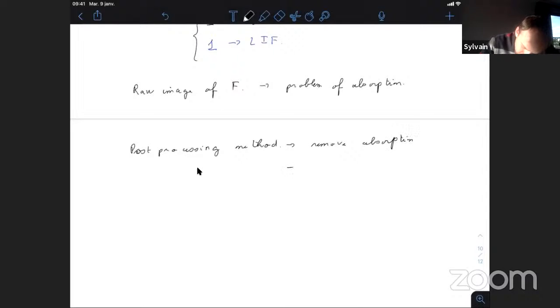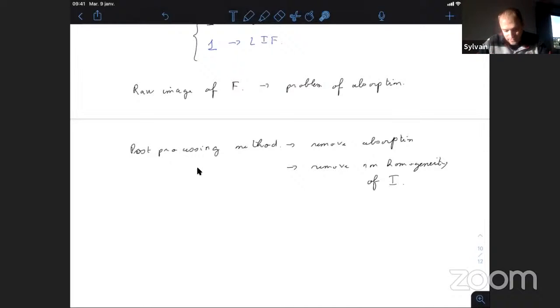It's also necessary to remove the non-homogeneity of I. I means the intensity that is received by the dye. So you need a strong post-processing method to remove these two problems.